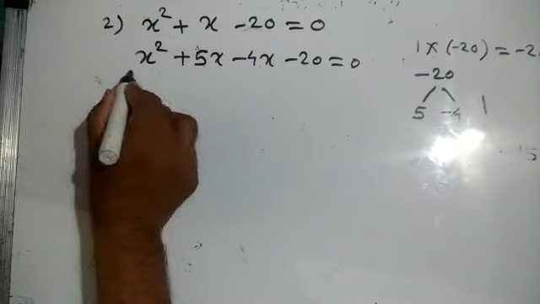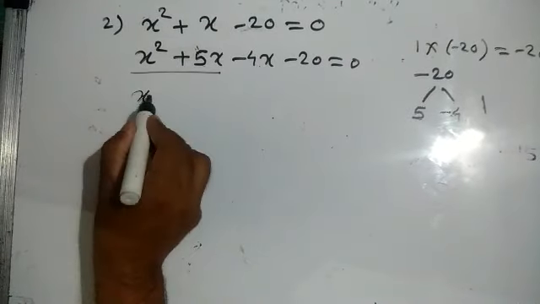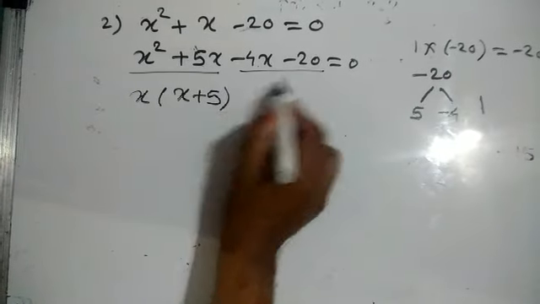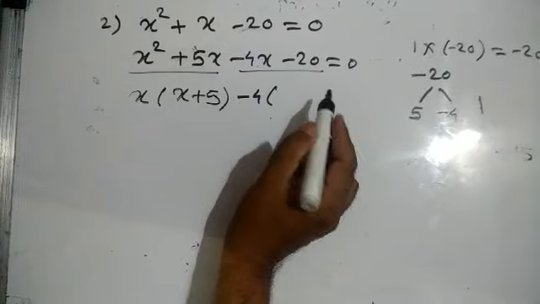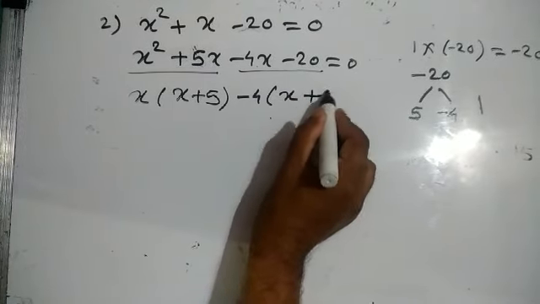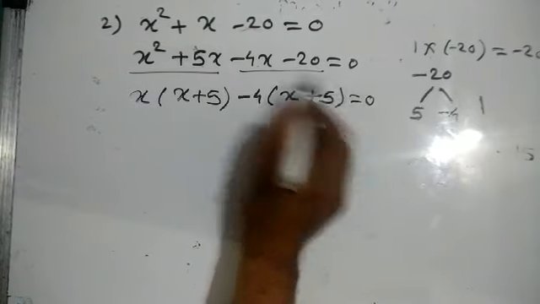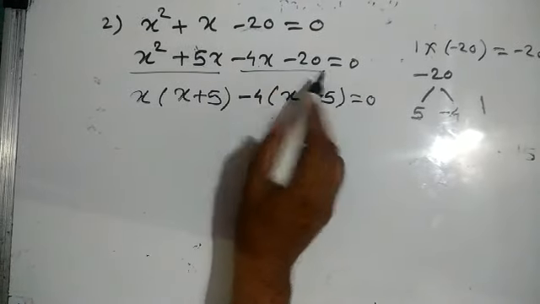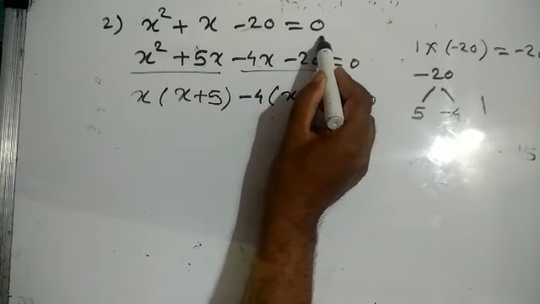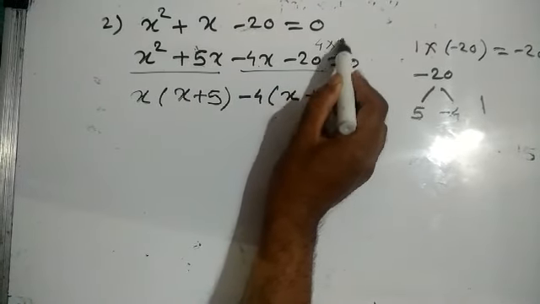Then take common from these two. x as common, x plus 5. Take minus 4 as a common. What we get? x plus 5. Carefully observe this: this 20 means 4 into 5.